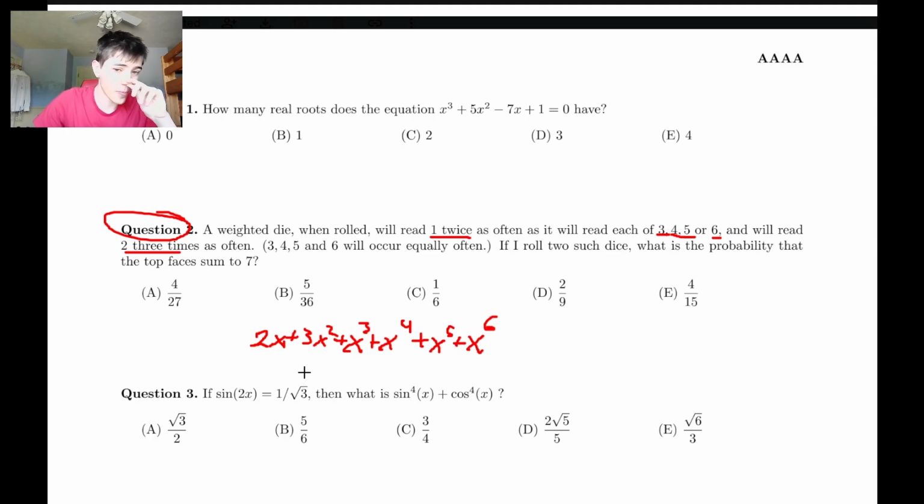And so if we roll twice, then we would say we're squaring this polynomial right here. And when we square it, we're going to get some new polynomial.